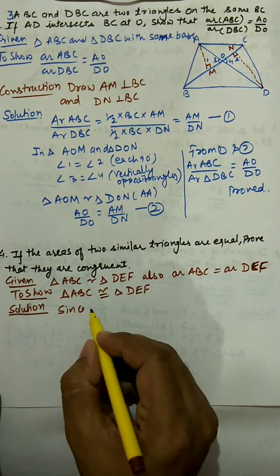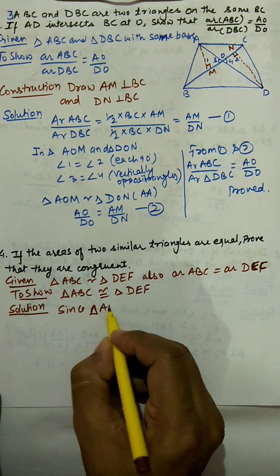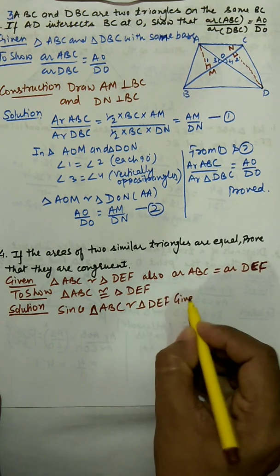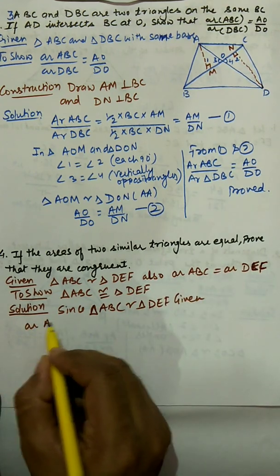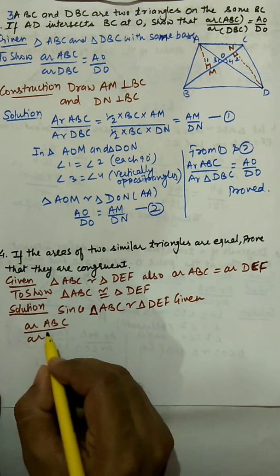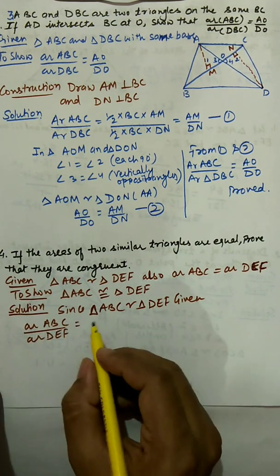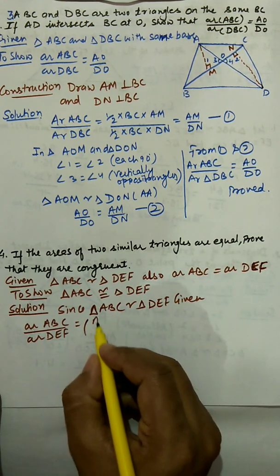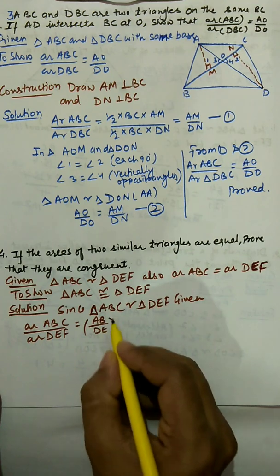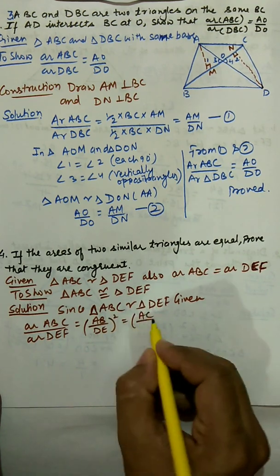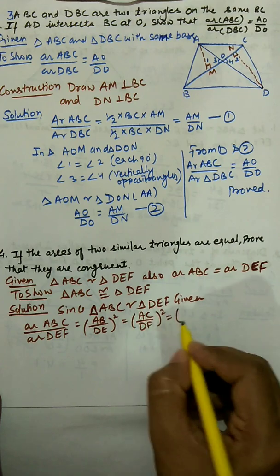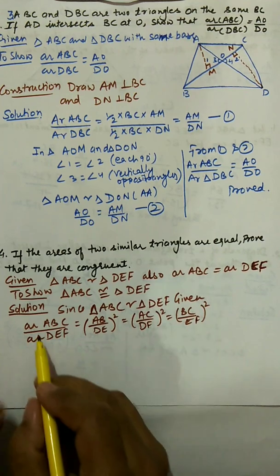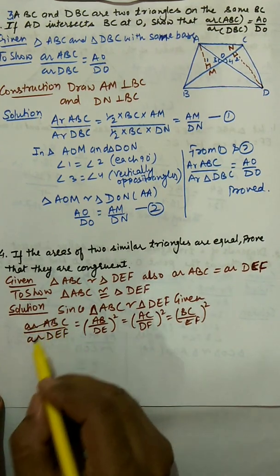Since triangle ABC is similar to triangle DEF as given, you can write that area of ABC upon area of DEF will be equal to the square of the corresponding sides. So AB upon DE, AC upon DF, and BC upon EF, whole square. Now if your areas are equal, this you can cancel.